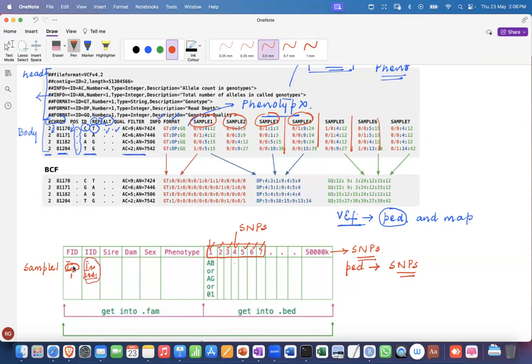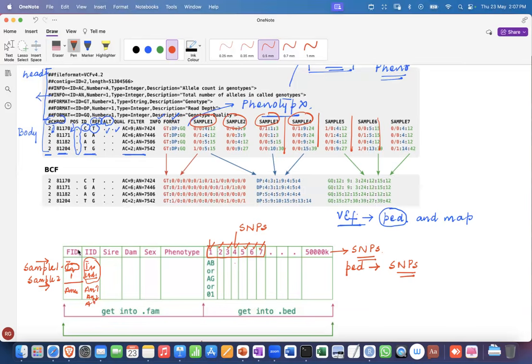The family ID for all the Indians will remain the same, but this will be a separate sample here: sample 1 here, sample 2 here. So this family ID will remain the same for the samples belonging to the same family. We talk about a different family, let us say Americans. You just put it as Americans here. Then the IDs of the samples will be American 1, American 2, American 3, and American 4.